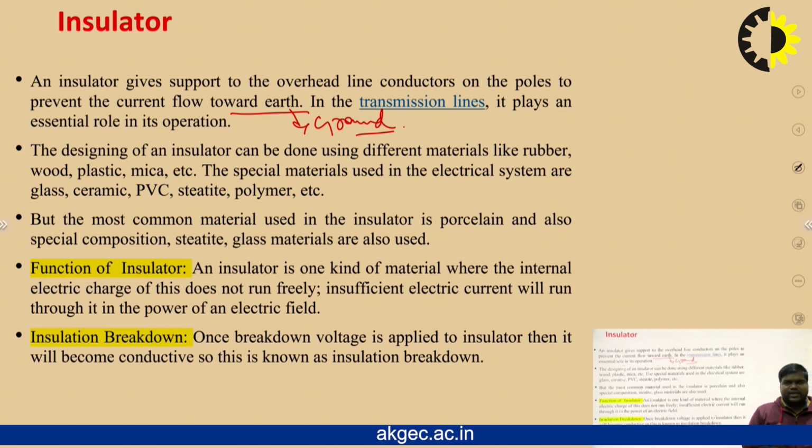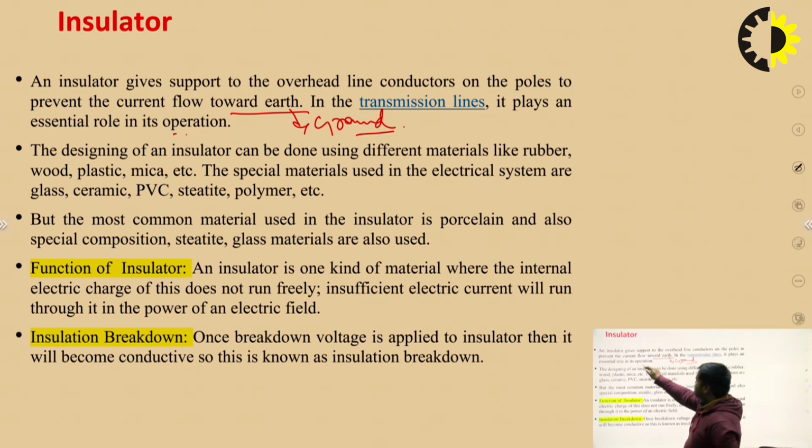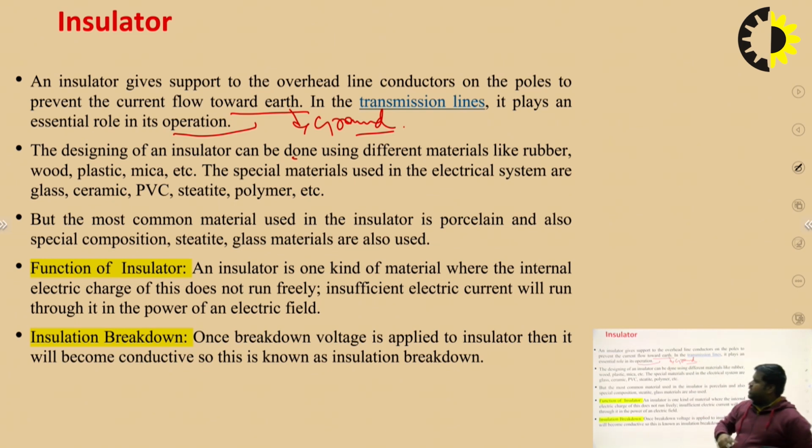And in the transmission line, it plays an essential role in power system operation and controlling. So insulators are supports to the overhead line conductors on the poles to prevent the current flow towards the ground side or earth side.